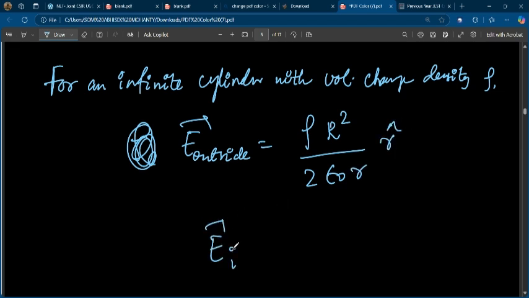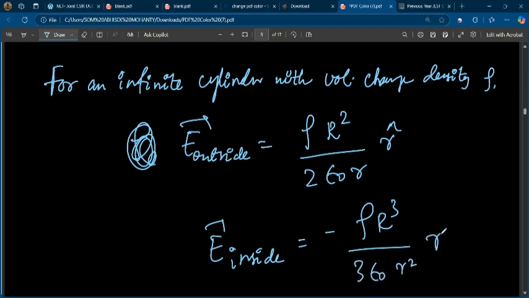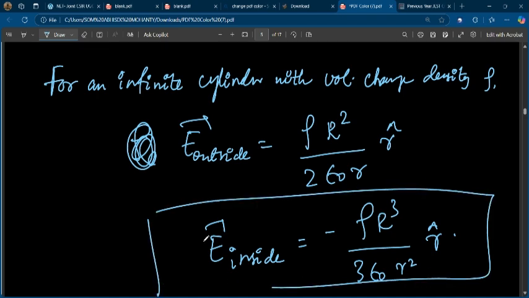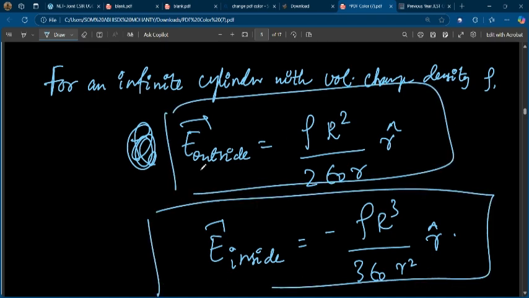E inside is minus rho R cube divided by 3 epsilon naught r square, r cap. These two formulas we have to remember. Just write them down.